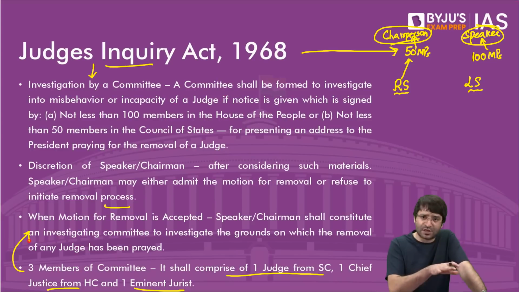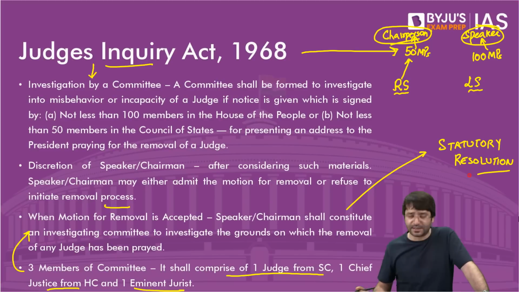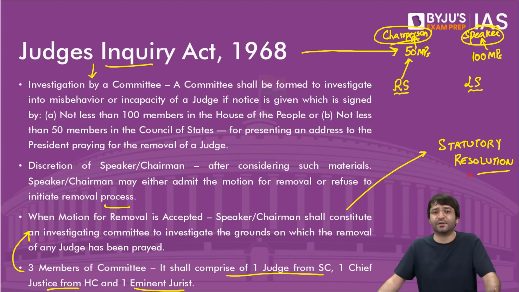That means both Lok Sabha separately and Rajya Sabha separately will pass a resolution by 2/3 majority, by the special majority. And then this resolution becomes statutory resolution. And statutory resolution is something which is binding on the government, which means the president will have to issue an order to remove that judge.